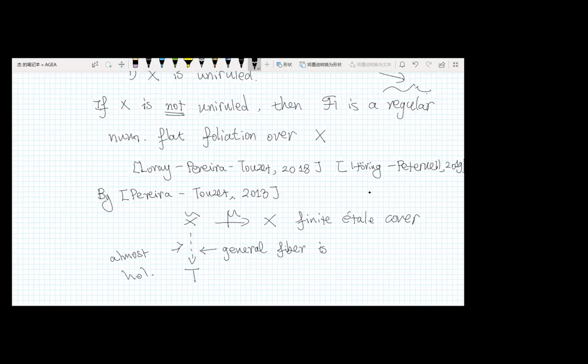is an Albanese variety. The general fiber we denote by F, and you look at the restriction of the sheaf F over the fiber F. This in fact is a direct sum of trivial vector bundles.